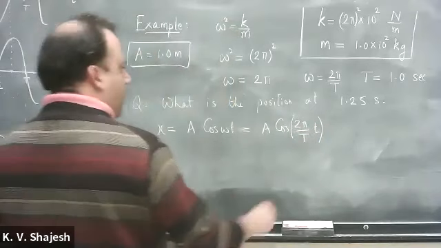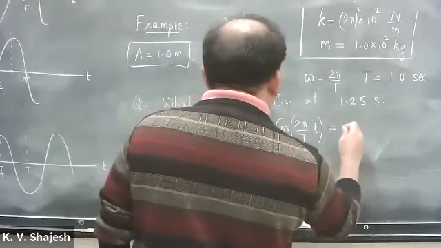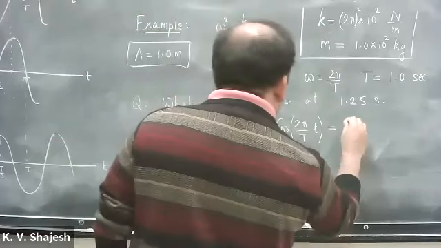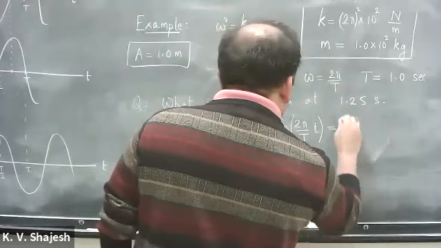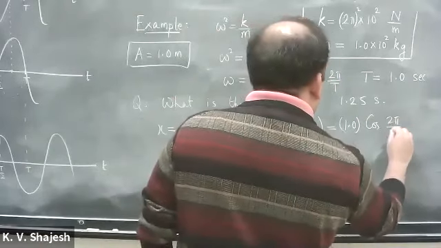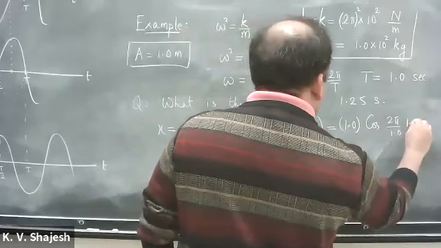Put in the numbers here. So that's 1.0 meters times cosine of 2 pi over 1.0 times 1.25.